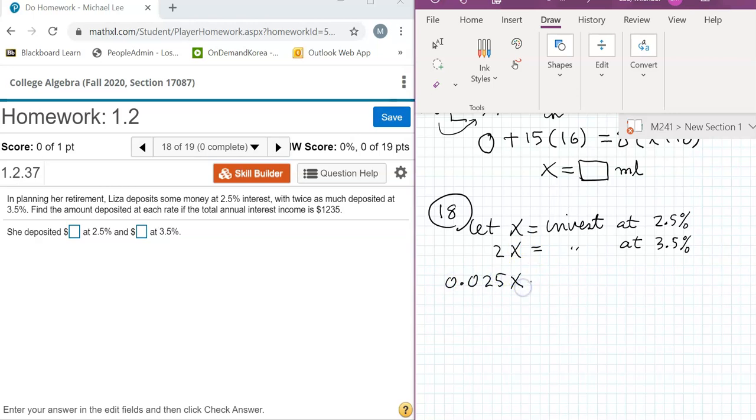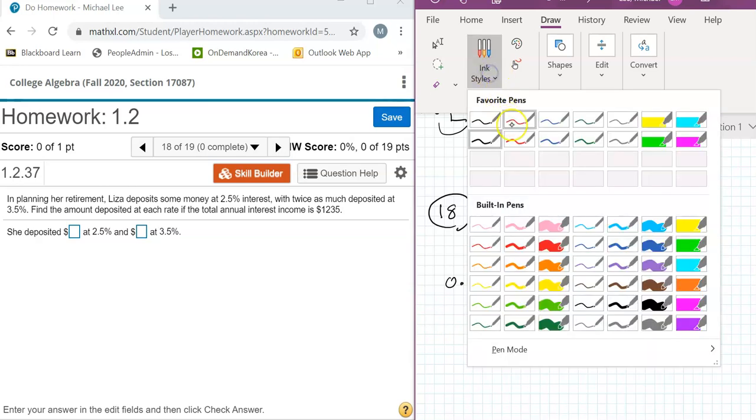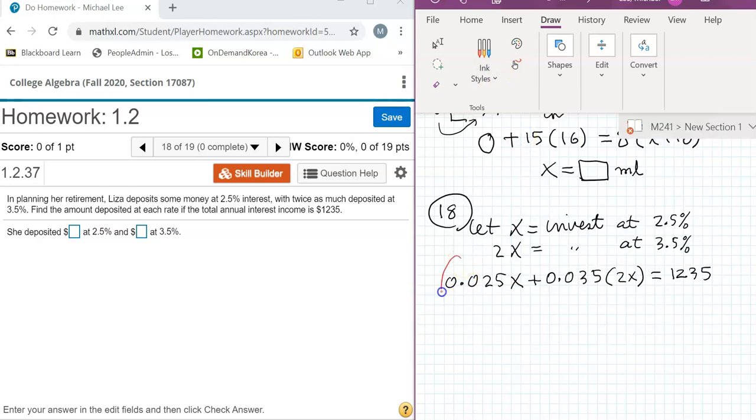So the first investment gives 0.025x. That's the interest you get from the first. And the next one is 0.035 times twice that. And then the return is 12.35. This time you have 3 decimals, so you have to multiply by 1,000.